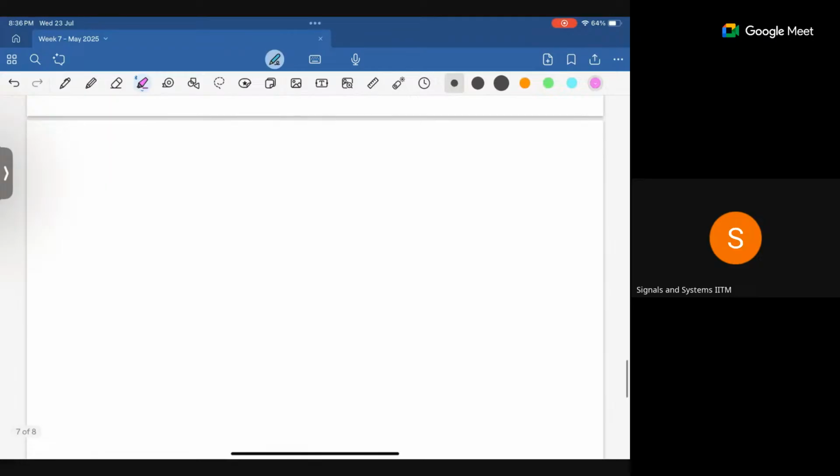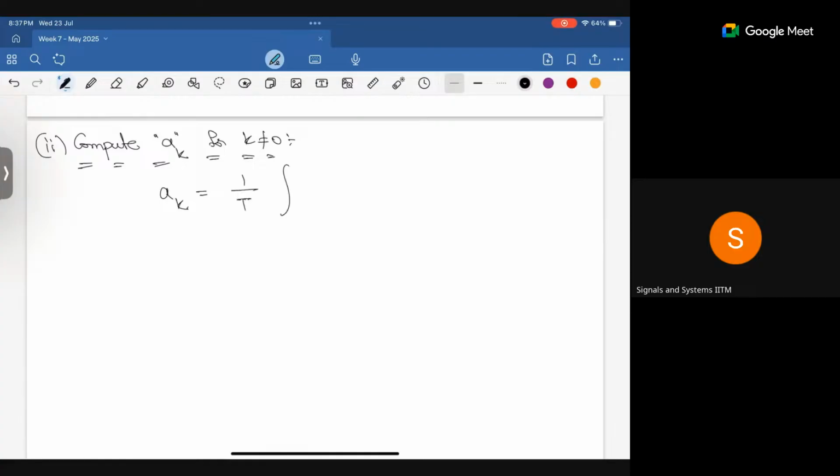Now the second step is to compute a_k for k not equal to 0. The a_k expression looks like 1 by T integral from minus T by 2 to T by 2 of x of t e power minus j k omega naught t dt.